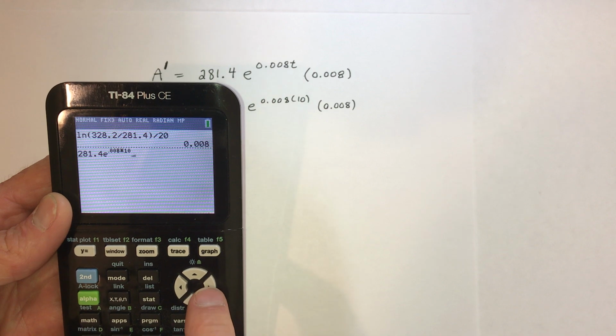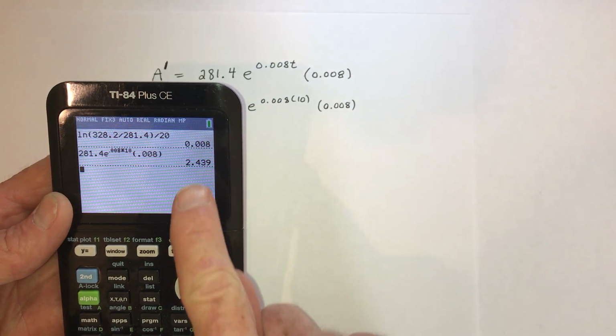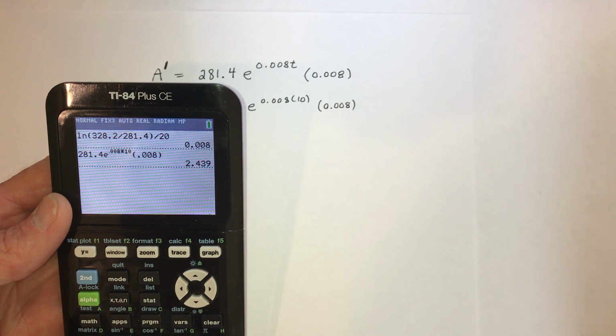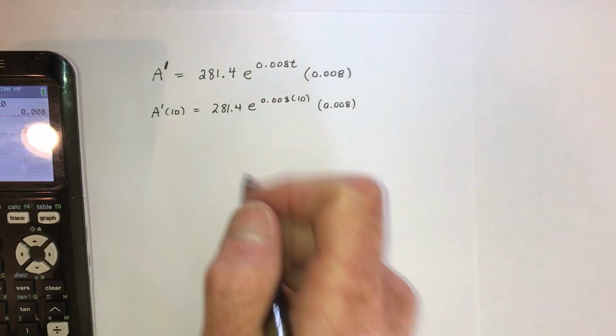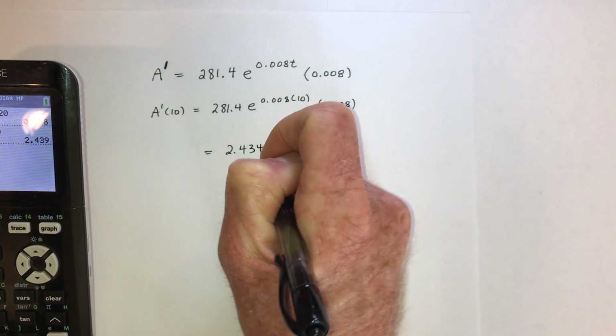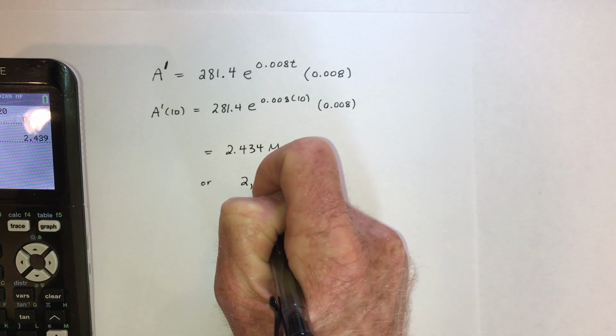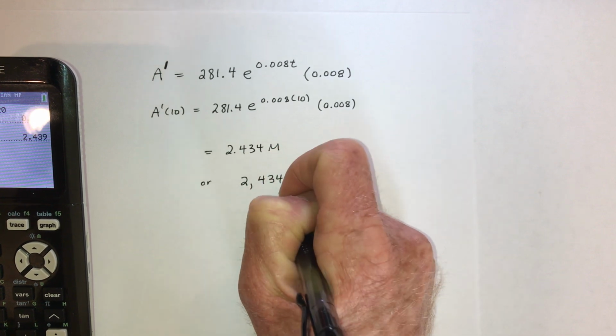And then move to the right, put parentheses, 0.008. And keep in mind that this is in millions, so that means approximately 2.5 million. So it's 2.434 million, or 2,434,000.